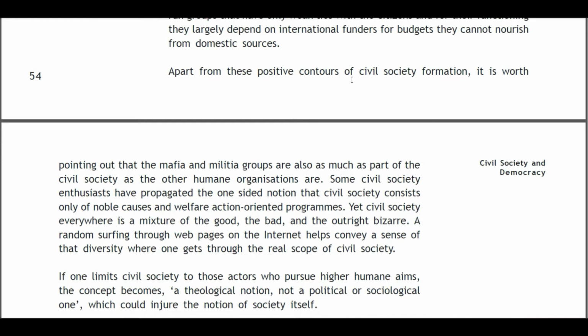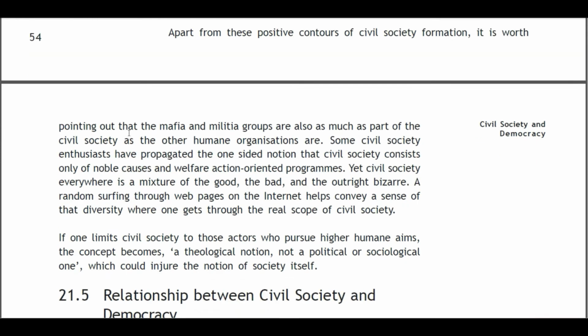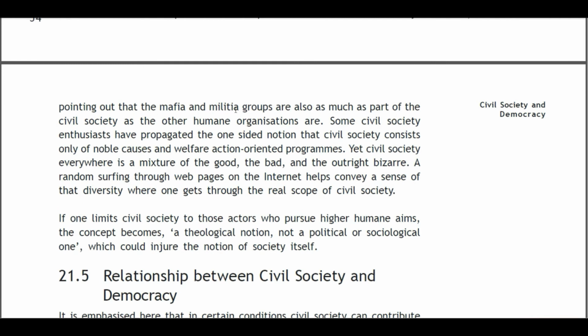Apart from these positive contours of civil society formation, it is worth pointing out that the mafia and militia groups are as much a part of civil society as the other humane organizations are. Some civil society enthusiasts have propagated the one-sided notion that civil society consists only of noble causes and welfare action-oriented programs. Yet civil society everywhere is a mixture of the good, the bad, and the outright bizarre.